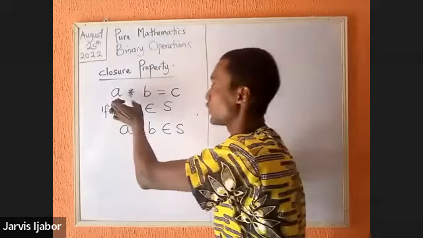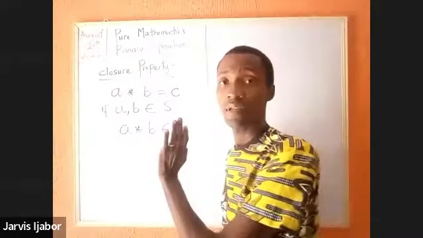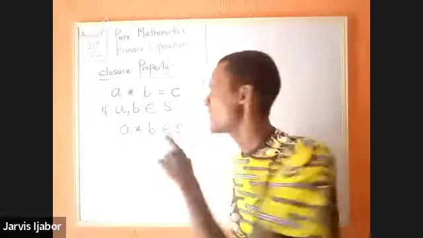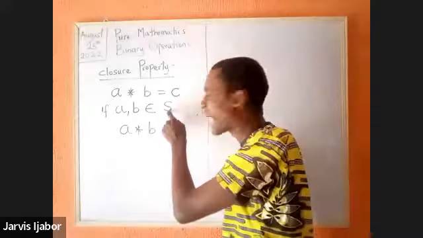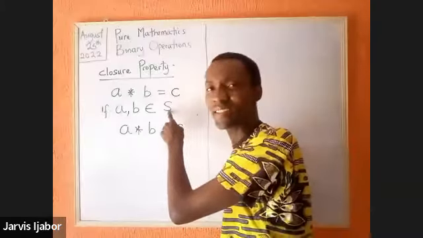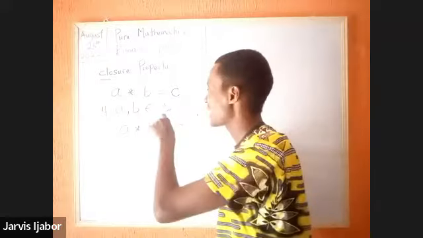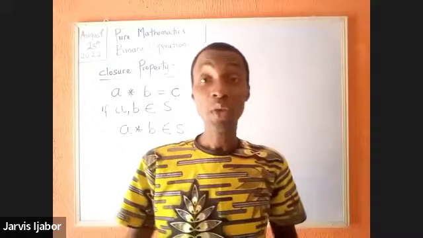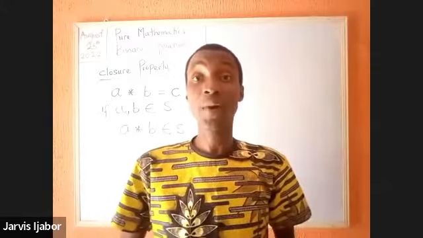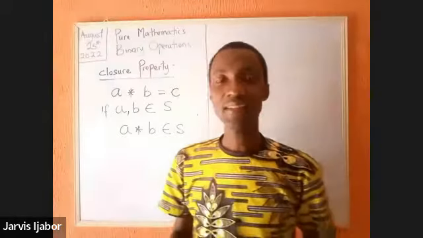If I operate A on B and I obtain a new element C, such that this C is also a member or an element of S, we say that the operation is closed. So I can say that closure property is being obeyed there. We'll take that again.